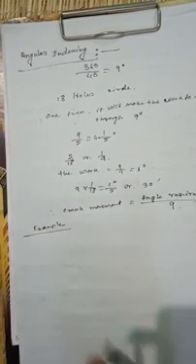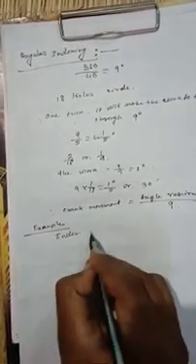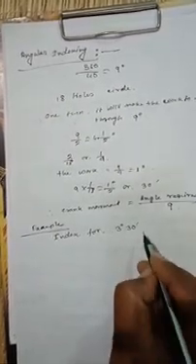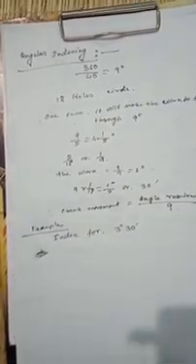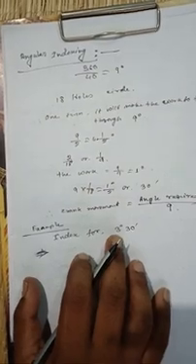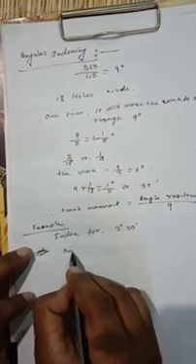Example: index for 3 degrees 30 minutes. Solution: this is calculated by the angular indexing method. So at first, what is my crank movement?